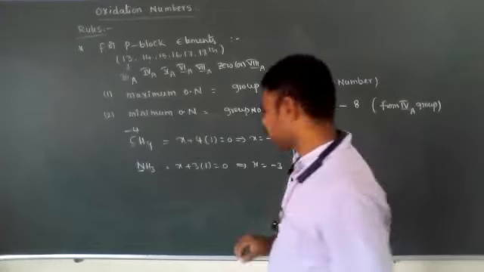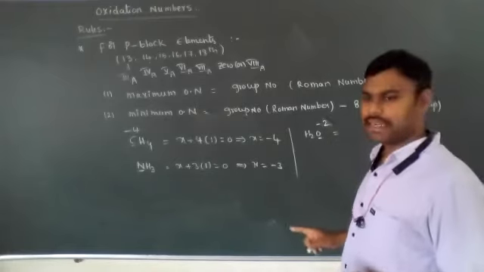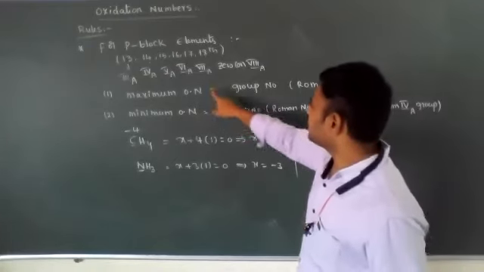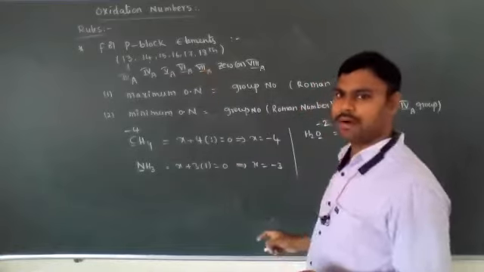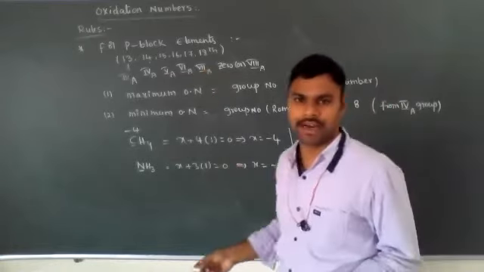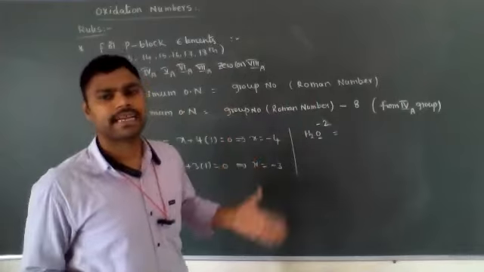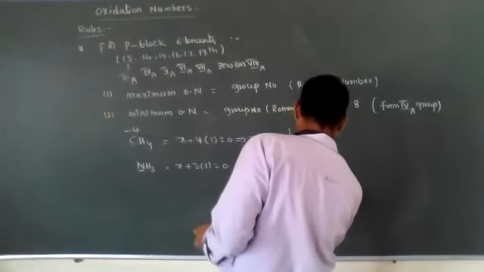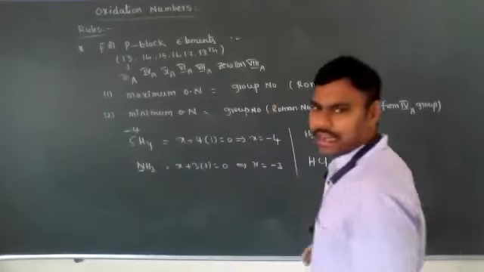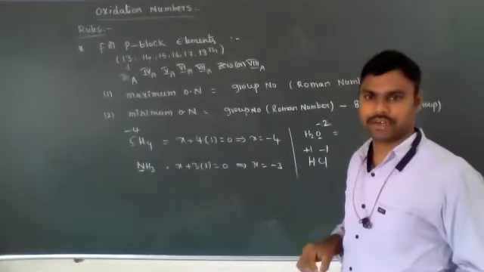Similarly 17th group elements: minimum oxidation state is 7 minus 8, which is minus 1. It is very clear, like in HCl, HF, HBr: hydrogen plus 1, halogens minus 1.